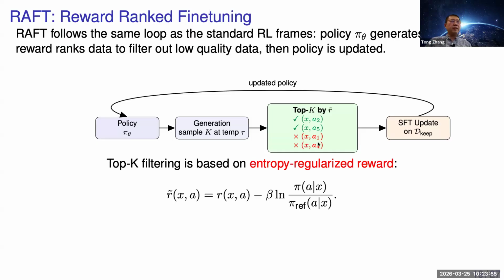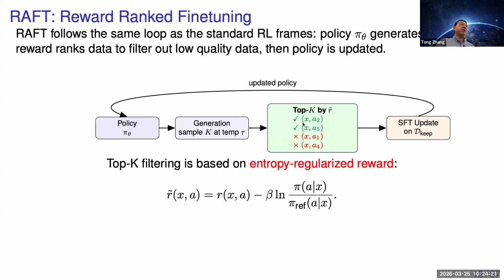So this is basically how it works. I'll give the algorithm, but from this it's hopefully clear. You have a ranked list, and you pick the top one, and then you keep that and go through the next SFT.